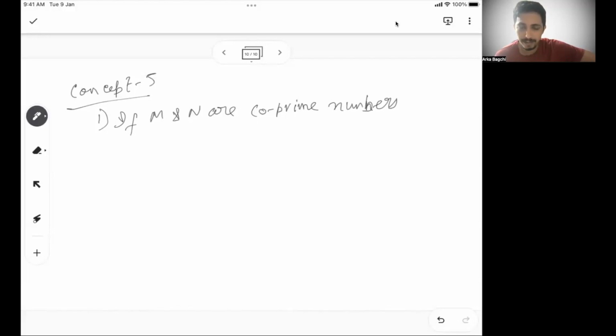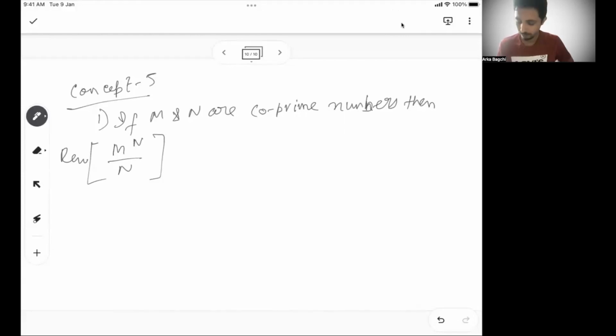If m and n are coprime numbers, then the remainder of m to the power n divided by n. So m to the power n divided by n gives the remainder of m.